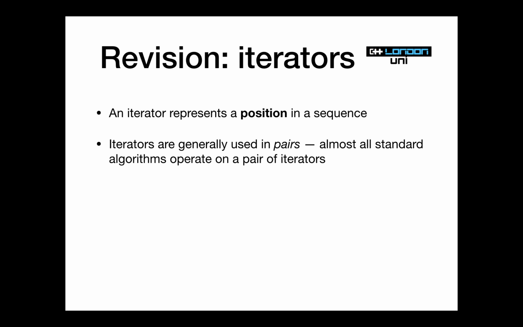And iterators are generally used in pairs. We say where we want to begin the operation, where we want to end the operation. And we iterate over the container, over the range, from the first one until we get to the last one.